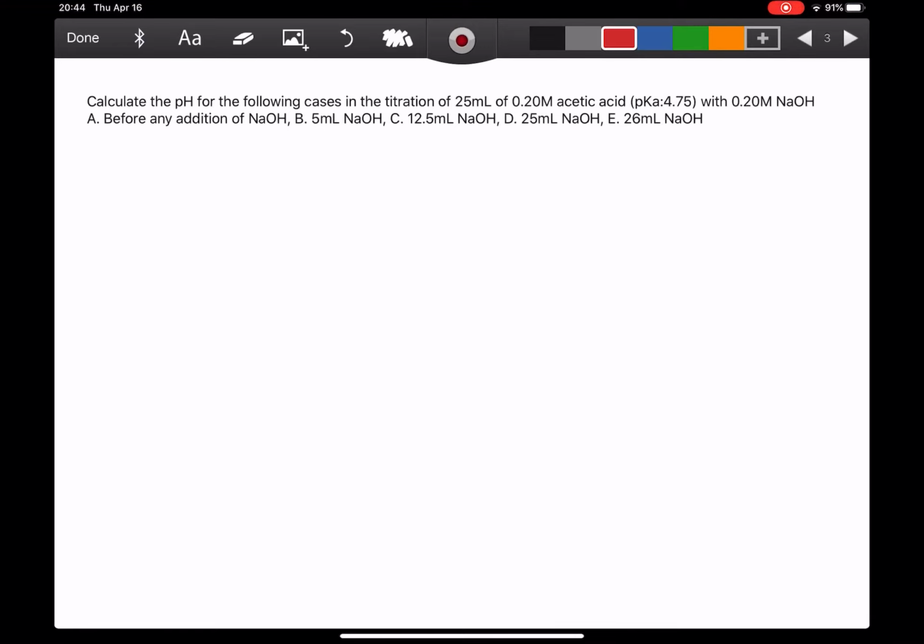So we know that 25 milliliters of the NaOH has already gone in the reaction. It doesn't exist anymore. So we're left with 1 milliliter. So what we need to do here is find the millimoles, which is going to be 1 milliliter, because that's what's going to be left, times 0.2 molar, and that's just 1 times 0.2.